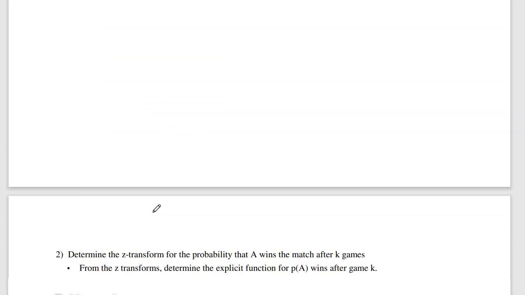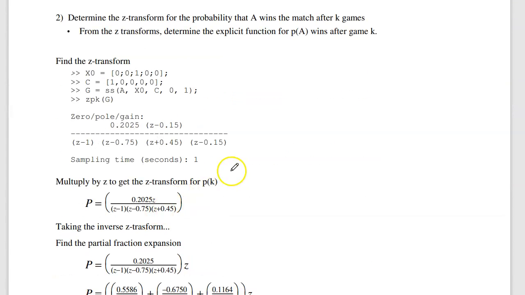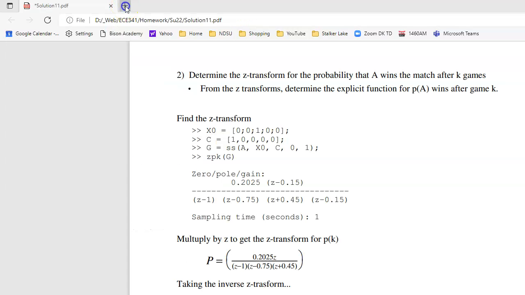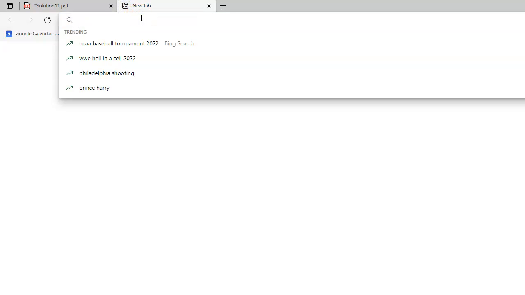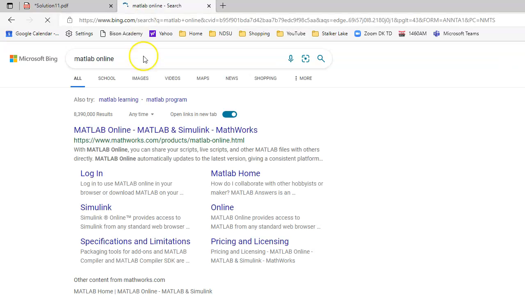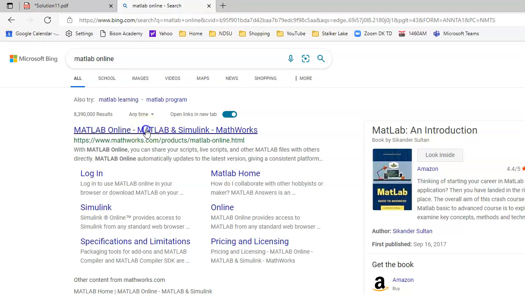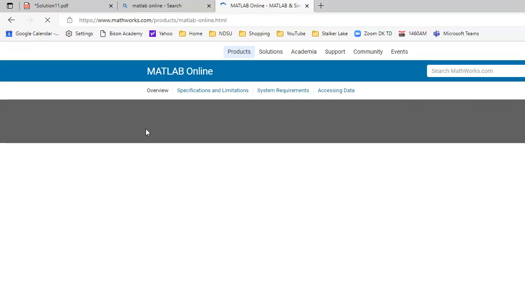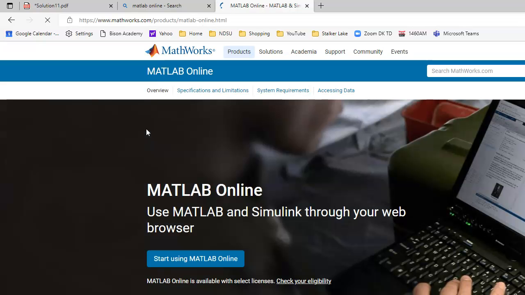Problem 2 is to solve it a different way. Solve using z-transforms. Now, for those of you that don't have the Control System Toolbox, MATLAB has an online version, and MATLAB Online does have the Control System Toolbox.